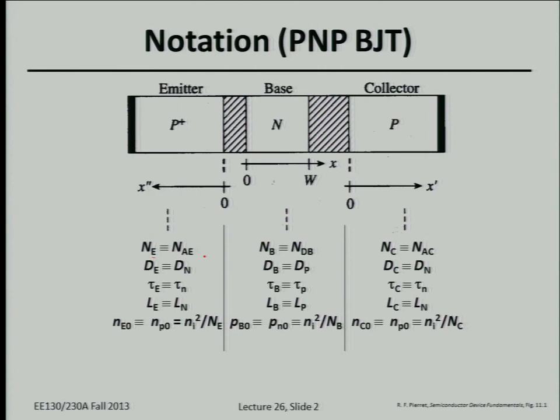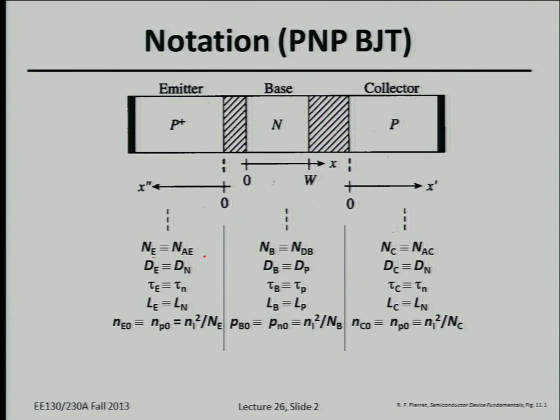And so the minority carrier diffusion constants and lifetimes, again, we're not going to keep track of whether they're N for electrons, P for holes. We're going to just keep track of whether it's in the quasi-neutral emitter region, quasi-neutral base region, or quasi-neutral collector region. And one more notation, it might be a little bit confusing.